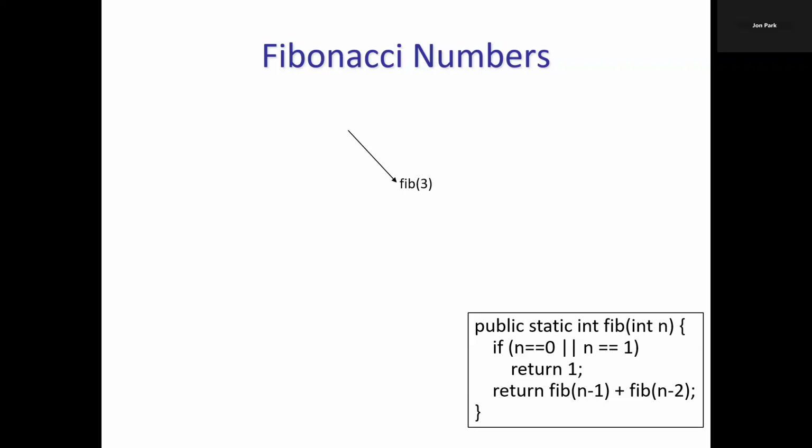So it calls fib2. Note that from fib3's perspective, as usual, it goes left to right, which means until this finishes, this is not called. It's not like you're calling both and getting them at the same time. You don't even call this until this thing finishes.